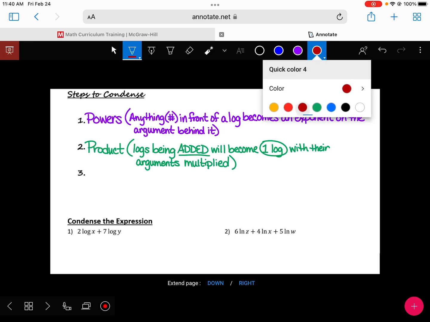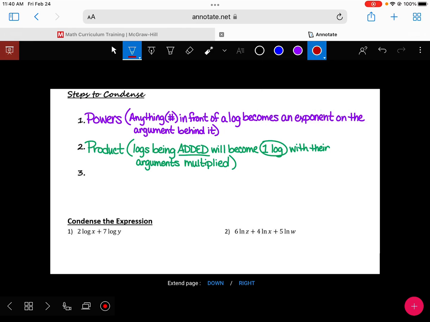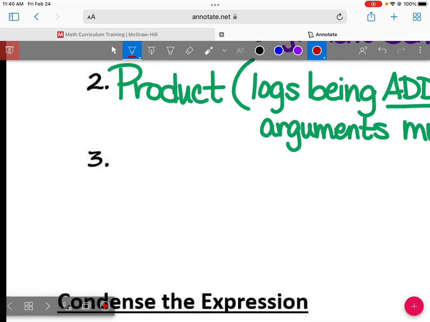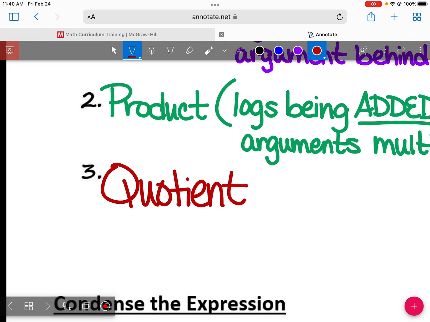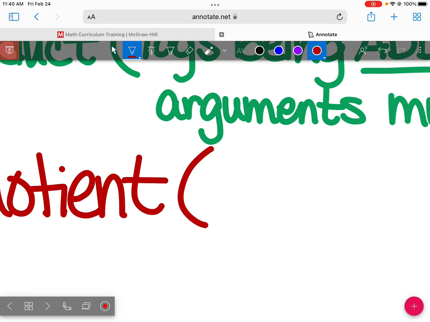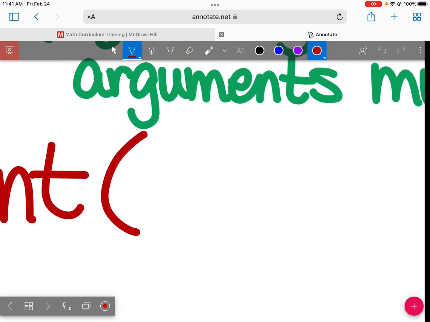So first I look to see if there's any numbers in front of log. If there are, they become exponents. Then I look for any plus signs. Anything and everything that's being added between those logs, I take all the logs that are being added together, it turns into one log with their arguments being multiplied together. Last thing I look for is what? Quotient. If you've done the top 2 steps correctly, there should only be, at most, 2 logs left.